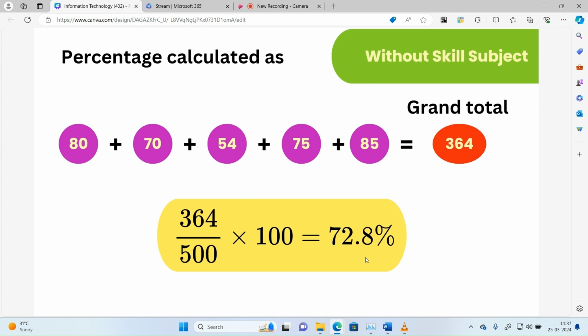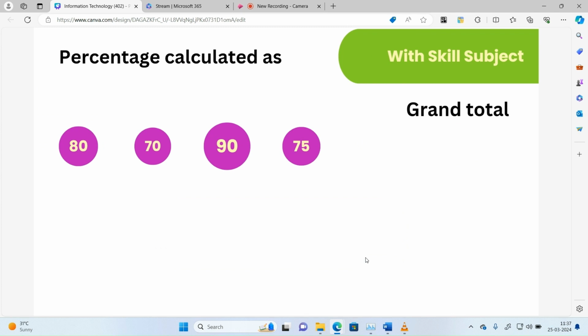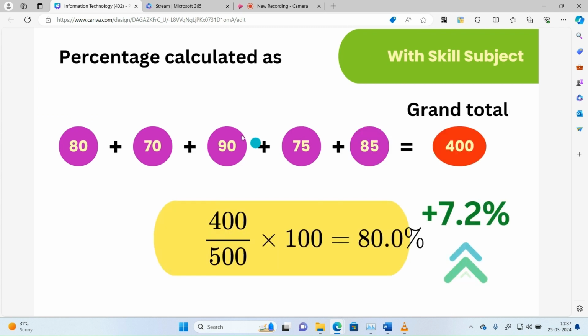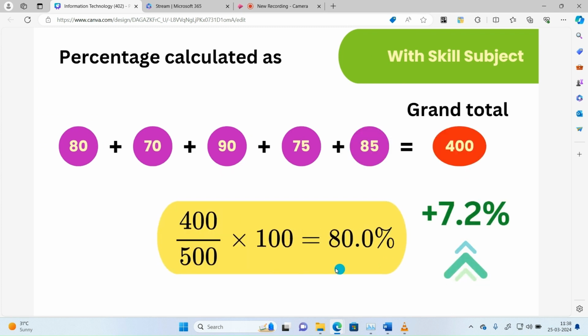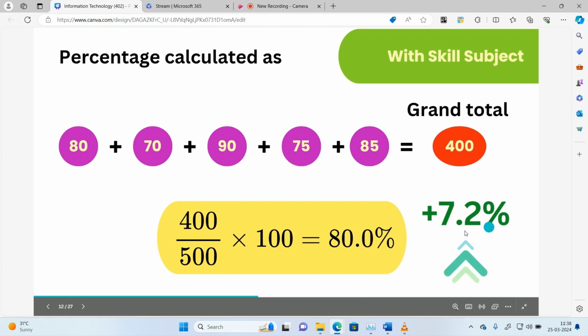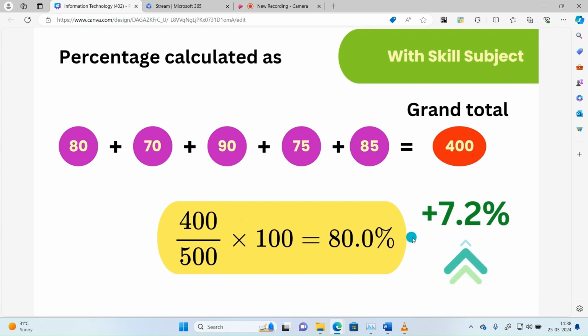You can see that math marks are replaced by IT marks, and the student is getting a benefit of plus 7.2 percentage, which is a lot. From 364 to 400 marks the student is getting, which is a considerable thing, right? And this gives a boost of 7.2% marks to the student.